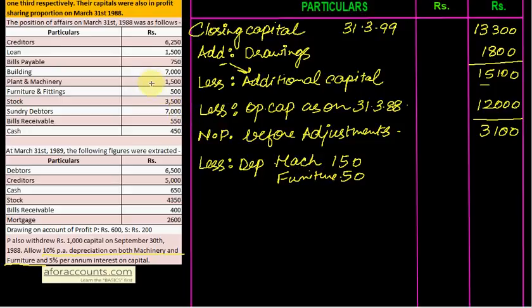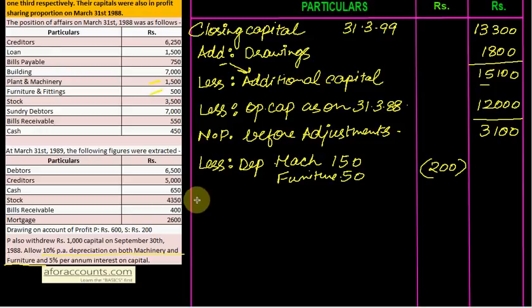See, plant and machinery 1,500, furniture and fittings 500. So it became 150 and 50 at 10%. Total 200 is your depreciation, which has to be deducted, because net profit will reduce when we provide depreciation on our fixed assets. Now one more thing, interest on capital will have to be paid.